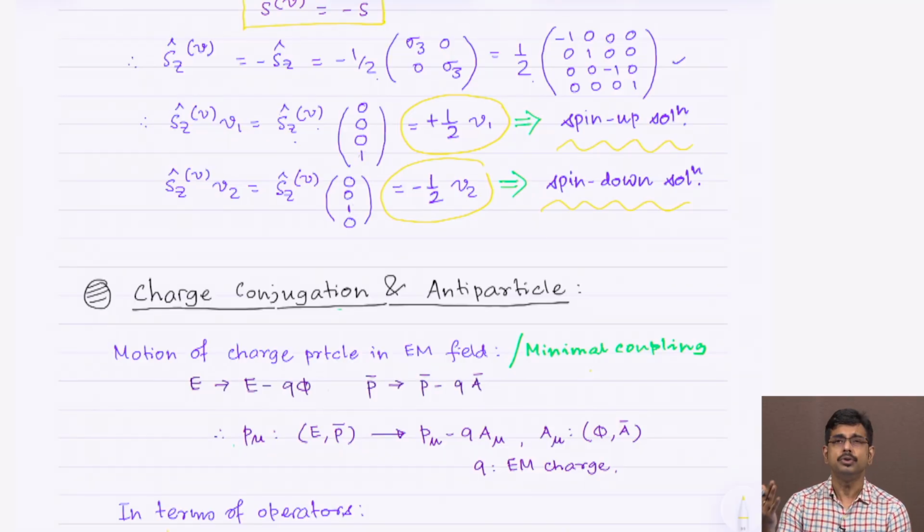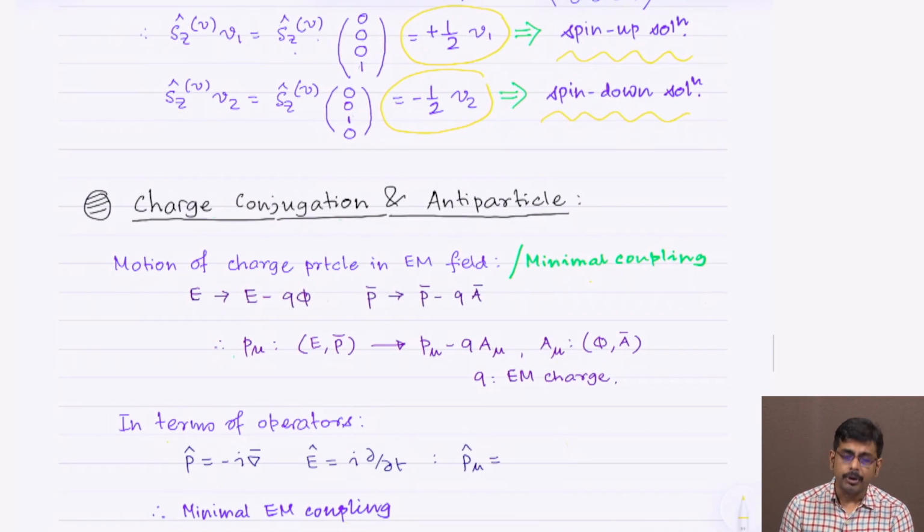So we have to bring in the interaction of these electrons with the photon or electromagnetic field, which is proportional to the electromagnetic charge. Unless we bring that term into the Dirac equation, we cannot utilize the criterion that electron and positron possess opposite charges. Now how to do that?